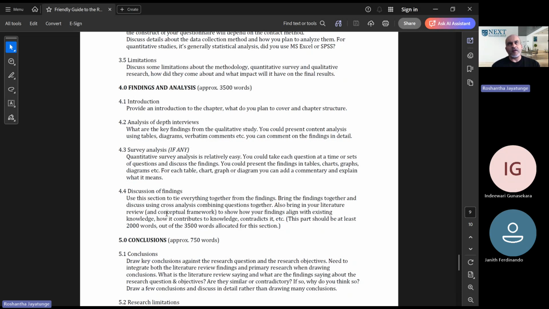So you can refer to the methodology chapter and say that, now when you're doing the quantitative analysis, you have about 100 people who have responded. Now you intended sending this to 150. However, you sent it to 140 and only about 101 replied. That part you can bring into your survey analysis discussion 4.3.